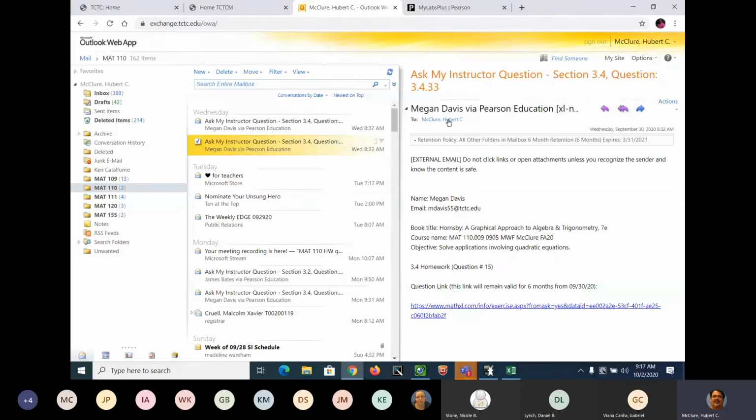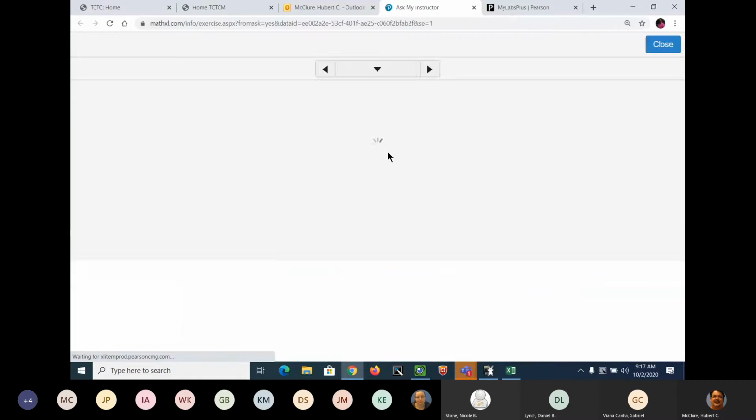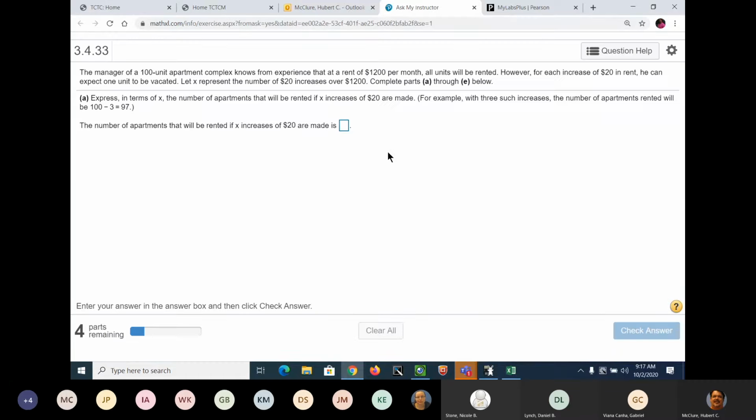3.4, 33/15. The manager of a 100-unit apartment complex knows from experience that at a rent of $1,200 a month, all units will be rented. However, for each increase of $20 in rent, he can expect one to be vacated.